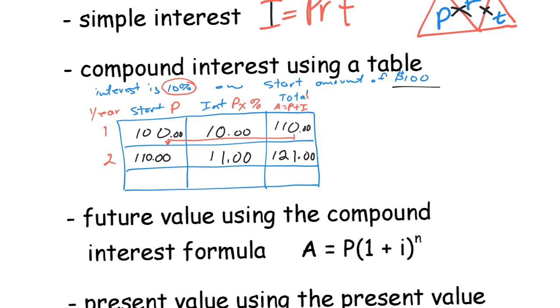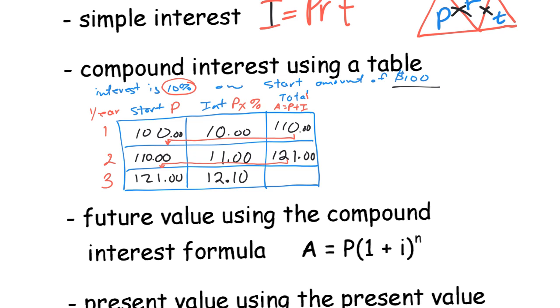Then I have to do that again, where I take my $121 and put it at the beginning of the third year. So now we're going to get 121 starting our year. And then we get 10% of that, which is going to be $12.10, because we just take 121 times 0.1, which gives us 12.1.